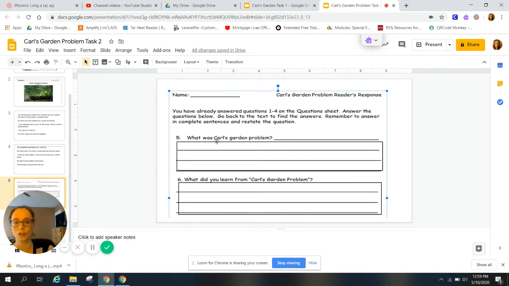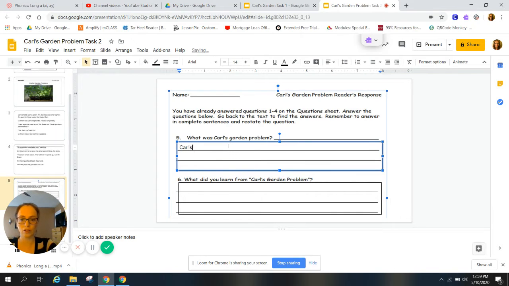So again, it says what was Carl's garden problem, so we need to restate our question, which is Carl's garden problem is his vegetables keep falling over. I'm going to make it a little bit bigger for you guys to see. A little smaller so it's above the line at least. If you need a little bit more time writing your answer down, just pause the video, finish your question, and then you can replay it for the next. But we're going to go on.